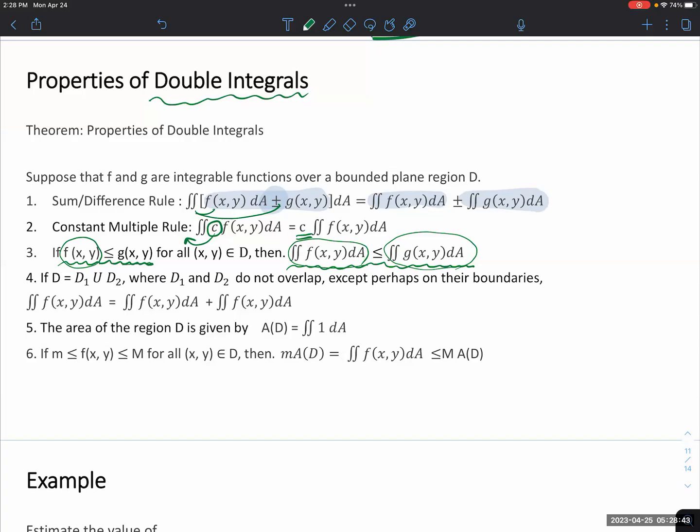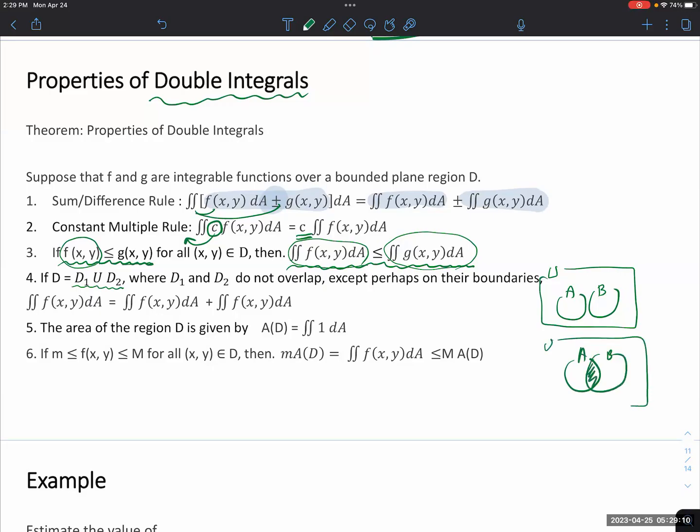And then number 4, okay? So this one is a little bit interesting. So if D, okay, you are combining 2 different regions where D1 and D2 do not overlap. So let's say, the Venn diagram. Let's say I have A and B. This Venn diagram, and I have this Venn diagram.